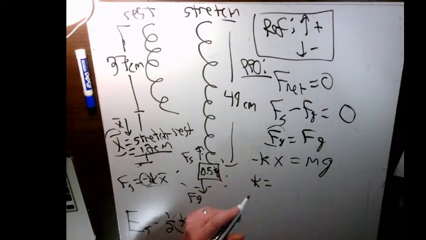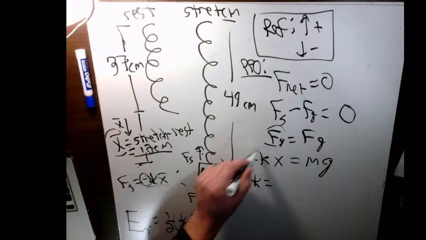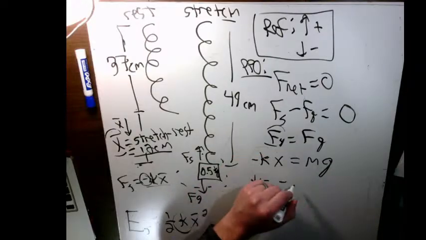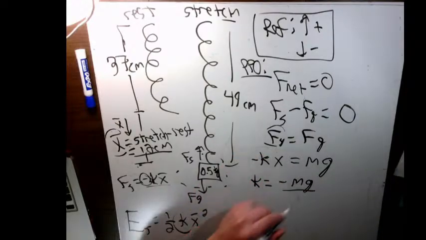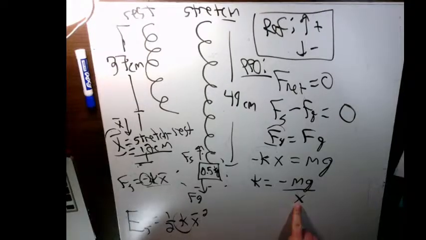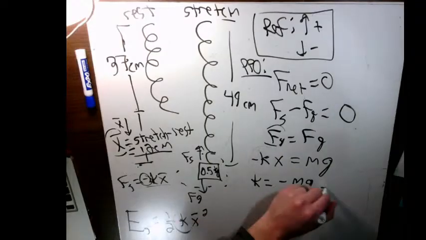k is equal to negative, I'm just going to bring the negative to the other side, negative mass times gravity divided by x. But in this case, x would be down, which is negative, so we'll cancel those out, you'll see.